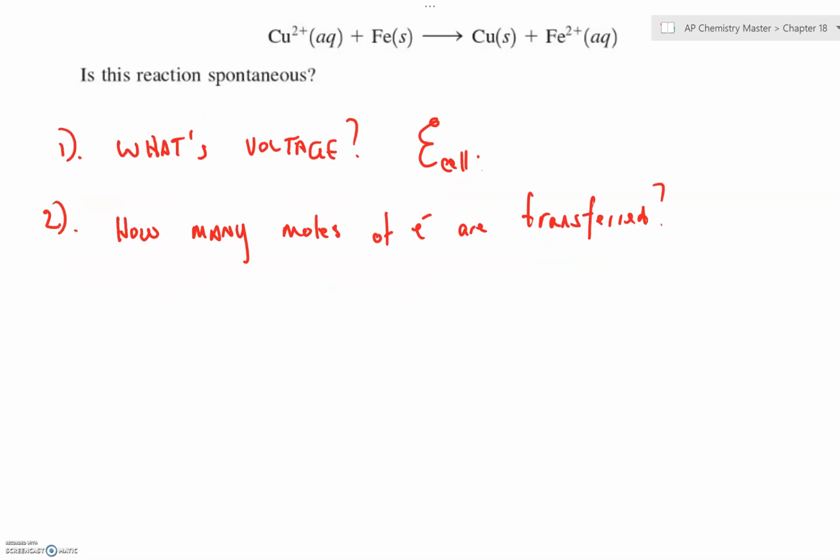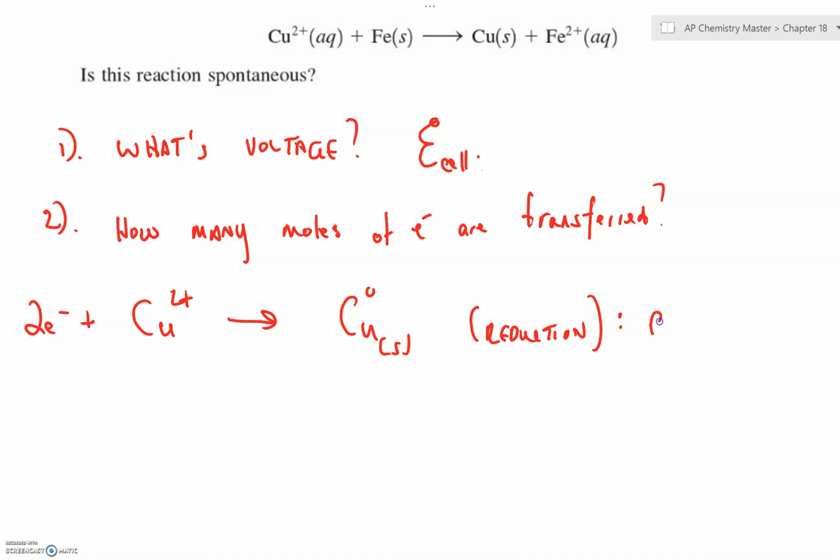So we know that in this reaction, copper is going from 2+ to copper with a charge of 0. And that means we have to have added 2 electrons, so this is our reduction, and this has to be the cathode, because this is where the electrons are going.